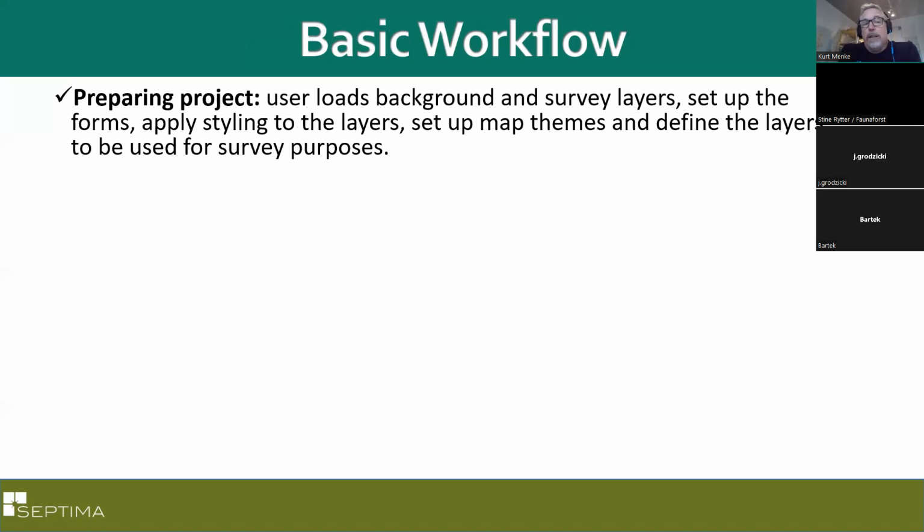We're going to look at setting up the attribute form, apply styling to the layers, set up map themes, and define the layers which are going to be used for survey purposes. Because it's a best practice to distinguish between layers in your project that are there for background versus survey that you're going to be collecting data into.